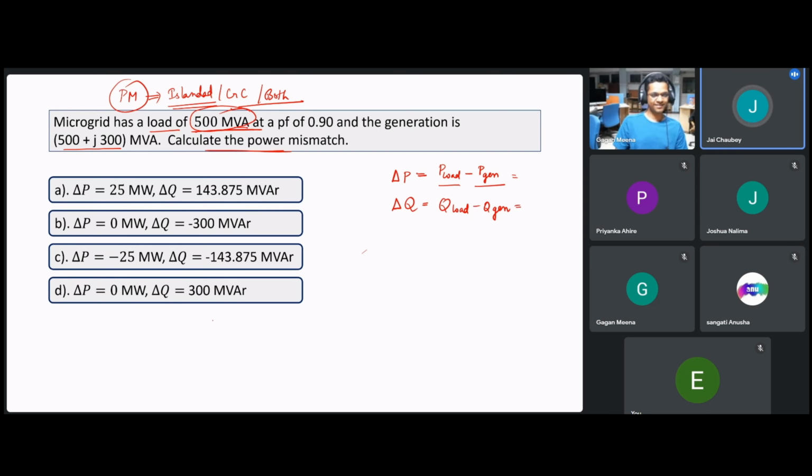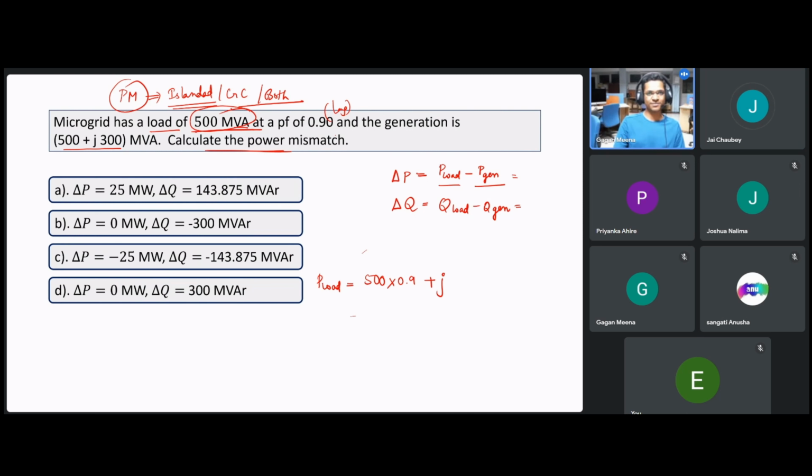It's MVA, with the power factor given here. So how much will P load be? P load will be 500 into 0.9, plus j, how much? I have forgotten the concept.